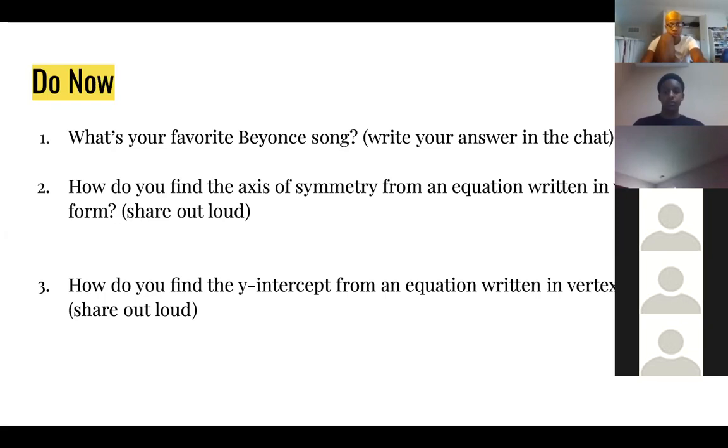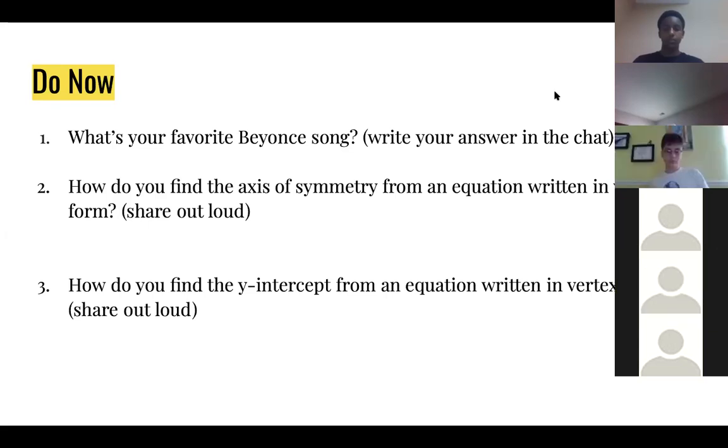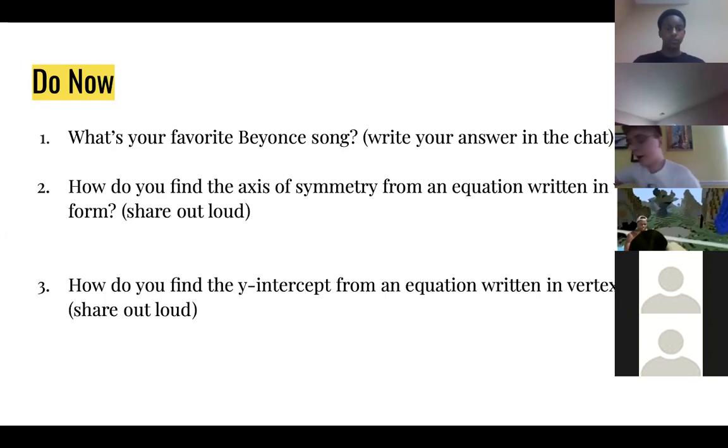Okay, let's go and get started. Number 2, how do you find the axis of symmetry from an equation written in vertex form? What do you have for me, Bo? Can you go and answer number 2?